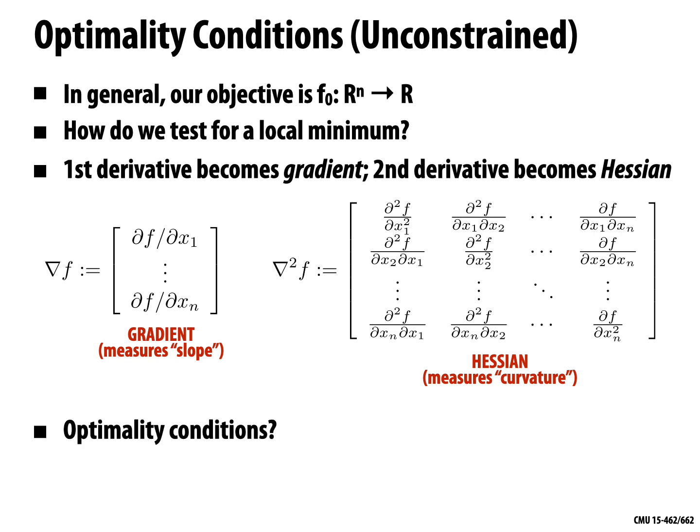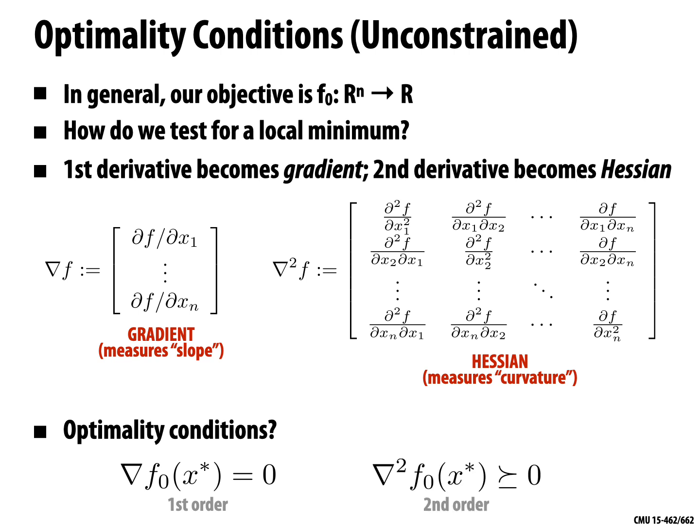So what are our optimality conditions then? Well, they really don't look any different. Once we've generalized the first and second derivative, we say to be at a local minimum of a function f naught, as long as it is twice differentiable, as long as we can define the gradient and the Hessian, then we'll be at an optimal point if the gradient at that point is 0, and if the Hessian at the point is positive semi-definite.